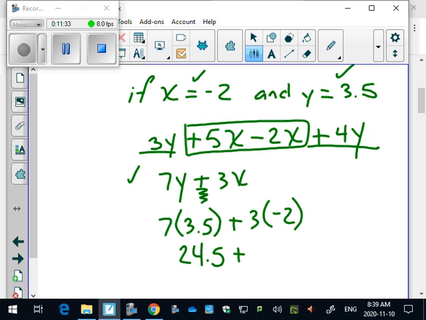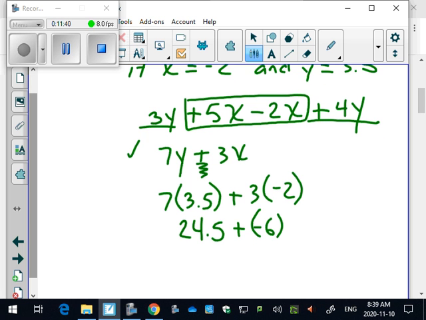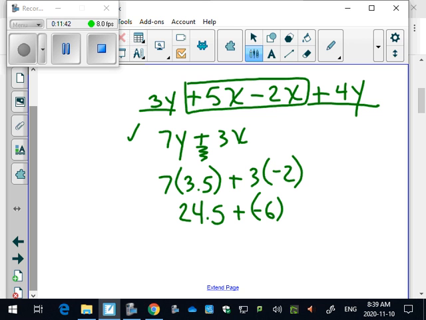And we're going to add -6. And 24.5 plus -6 is 18.5. So there's your substitution.